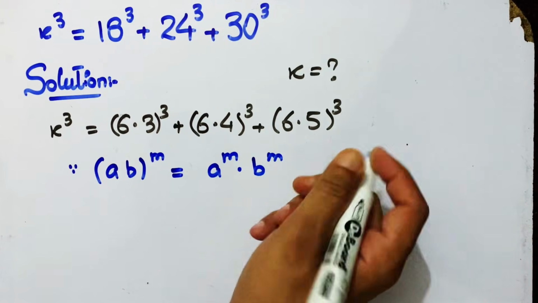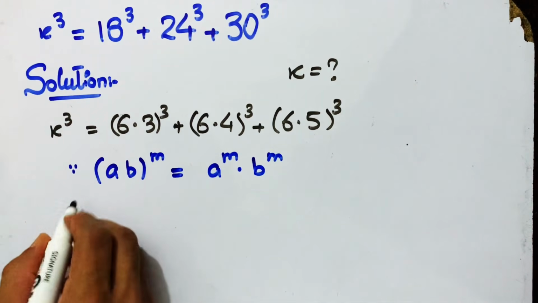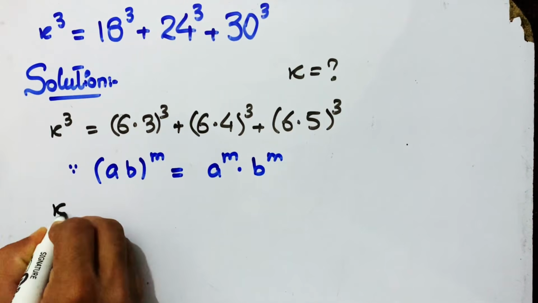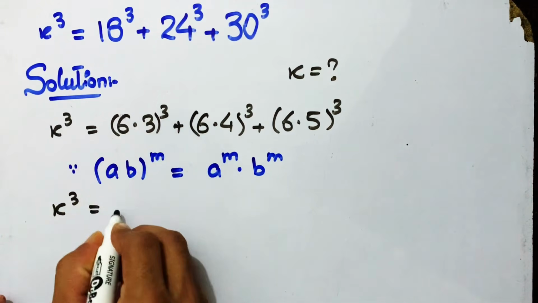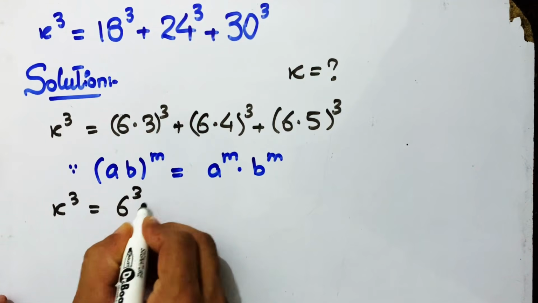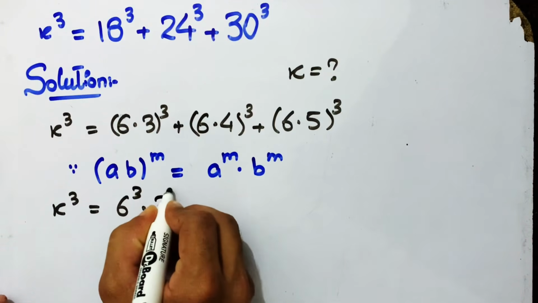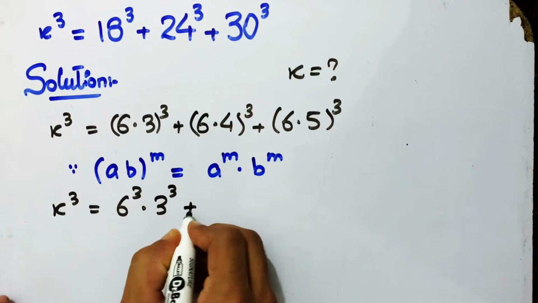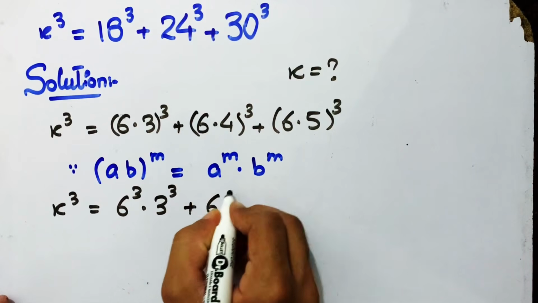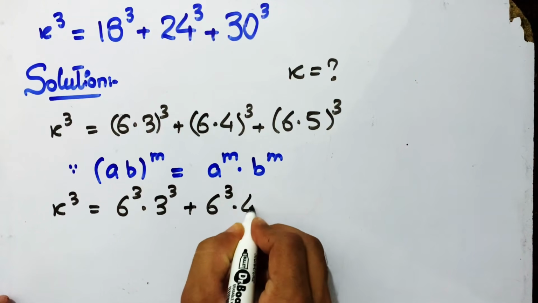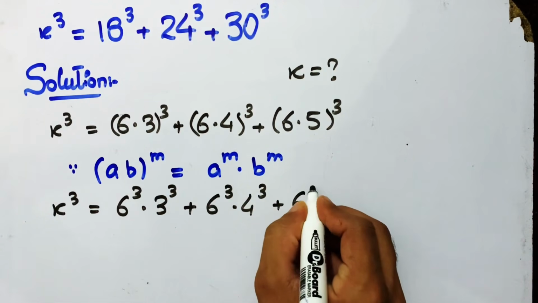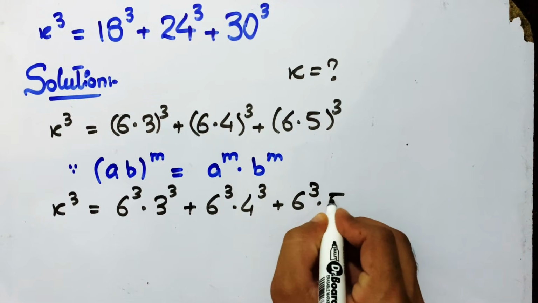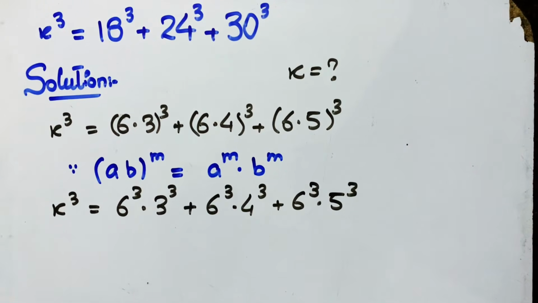So now x cubed equals 6 cubed times 3 cubed, plus 6 cubed times 4 cubed, plus 6 cubed times 5 cubed.